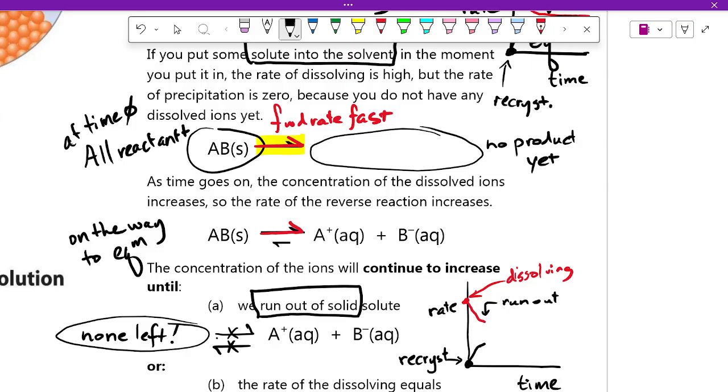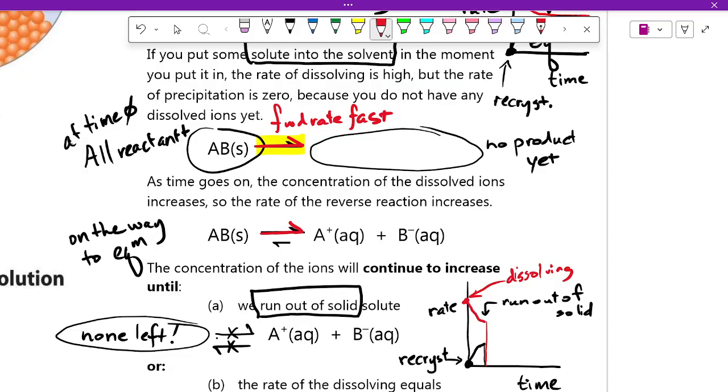We've run out of solid. What happens to our forward rate, the dissolving rate? It stops. What happens to our reverse rate? It stops. It's not that it completely stops, it's just that randomly every once in a while a particle or two will get together and then come apart.